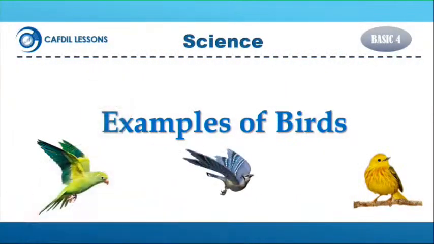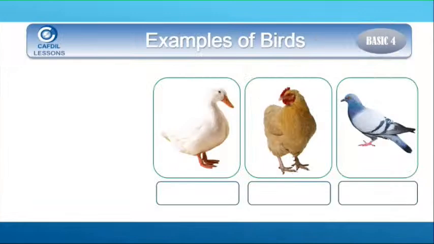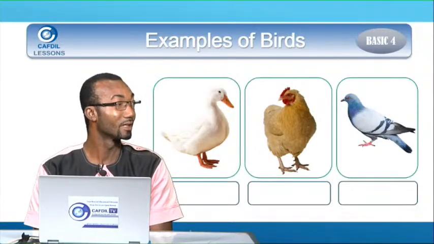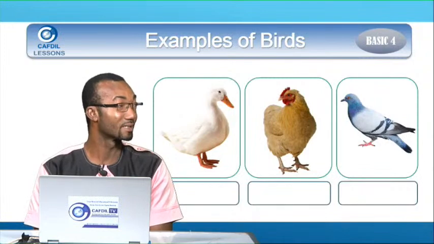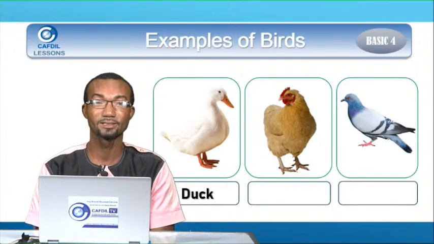Let's look at some examples of birds. You see this bird on your screen. So if you look at it, we have about 3 birds there. Let's look at their names. The first bird is called duck.